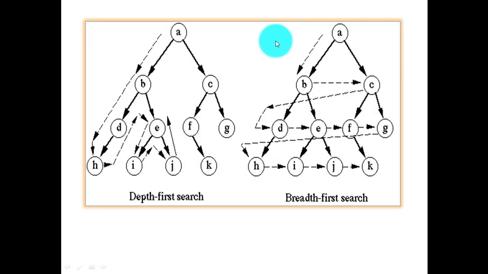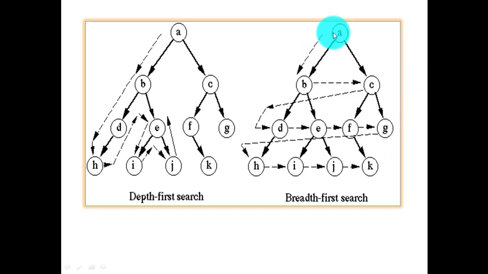Got it? If you look at this diagram, these are two graphs. We are conducting two different search techniques here. The first one is depth-first search. I will discuss depth-first search in the next lecture. Now concentrate here. This is about breadth-first search. We begin from node A and go to B, this is level 1, this is level 2, level 3.